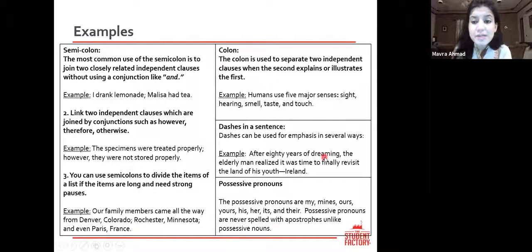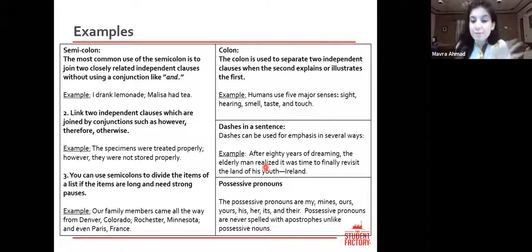After 80 years of dreaming, the elderly man realized it was time to finally revisit the land of his youth, Ireland. अब ये पूरा sentence जो है, इसमें एक इंसान के बारे में बात की है कि he wanted to finally go back to the land of his youth. और वो एक it's kind of a suspense कि वो कौन सी जगह है.